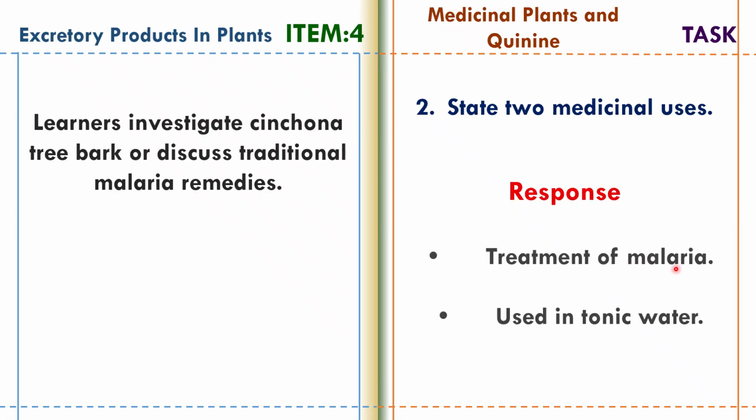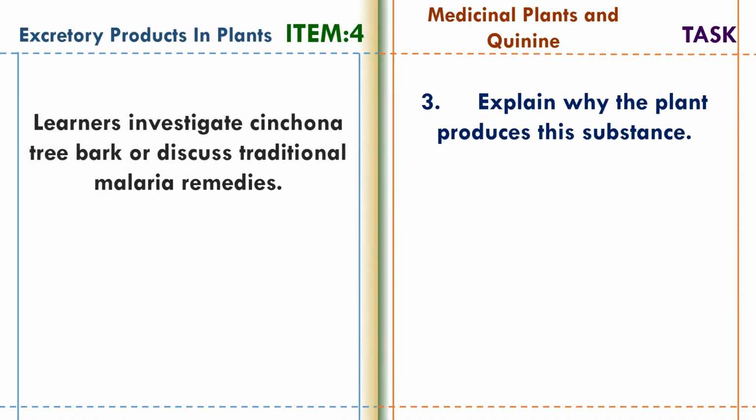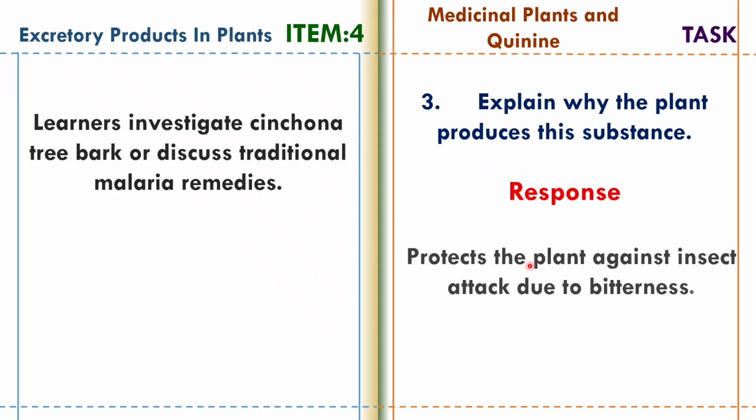Treatment of malaria, used in tonic water. Explain why the plant produces this substance. Protects the plant against insect attack due to bitterness.